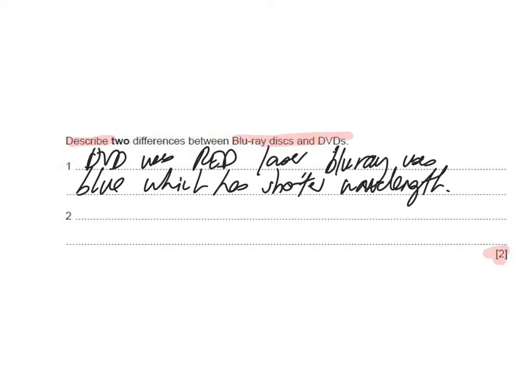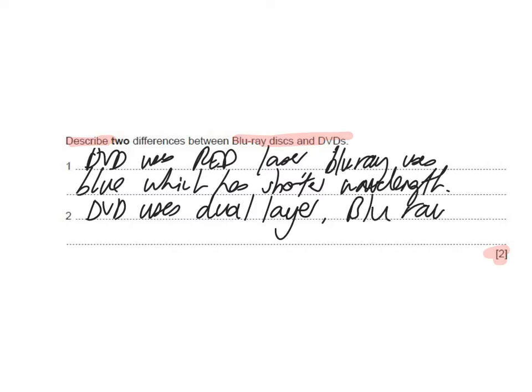So I'm looking for two well-made points here. So you could also say that DVD uses dual layer, Blu-ray uses one. Now that's probably exam technique right there, if people would write this part and not actually tell me the important part, because that first part of the answer doesn't explain that the other one doesn't use dual layer.